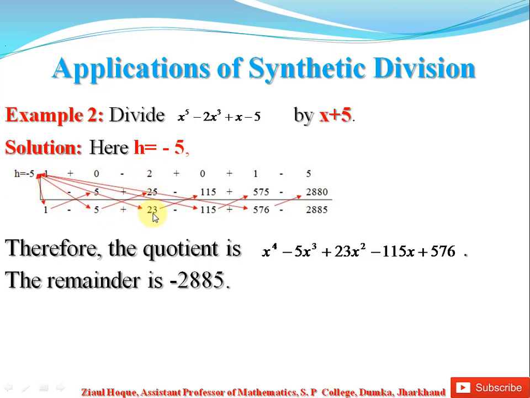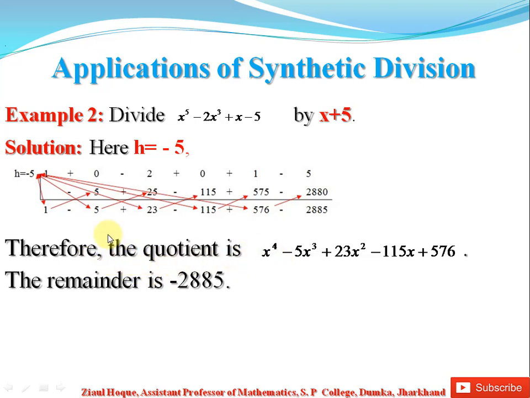Now minus 5 into 23 gives minus 115, and together with 0 gives minus 115. Now minus 115 and h is equal to minus 5 gives 575, plus 1 gives 576.